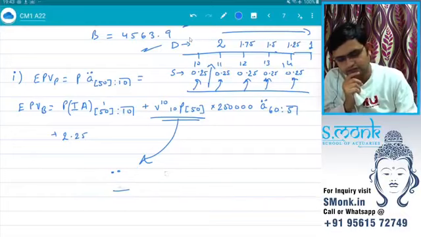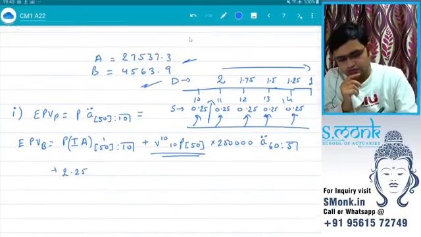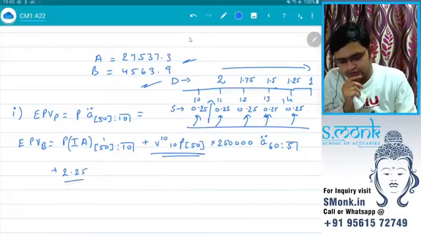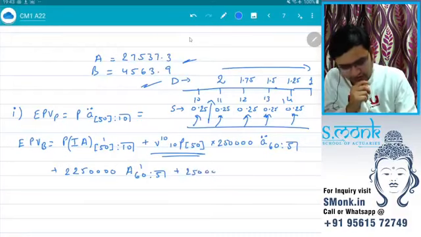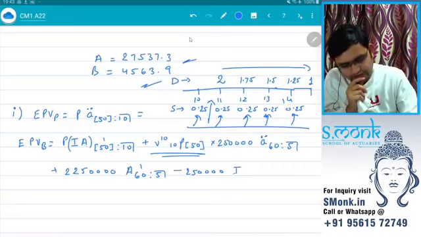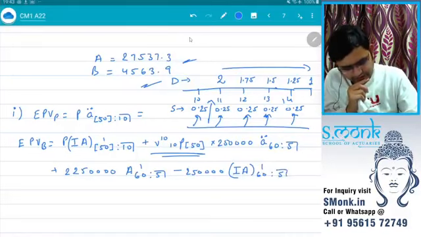So the discounting part is what is going to make the difference. Okay, so decreasing death benefit, I'll write it as 225,000 A select, no select, because now the person is age 60 dash 5 years, and then minus 250,000 IA 60 dash 5 years.